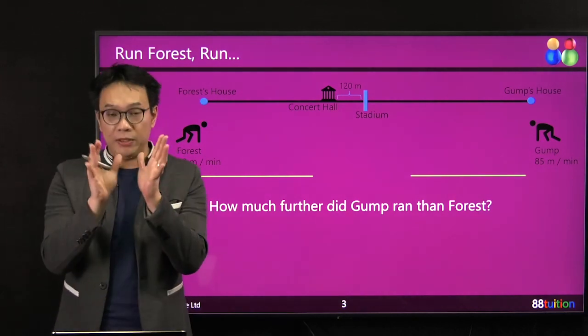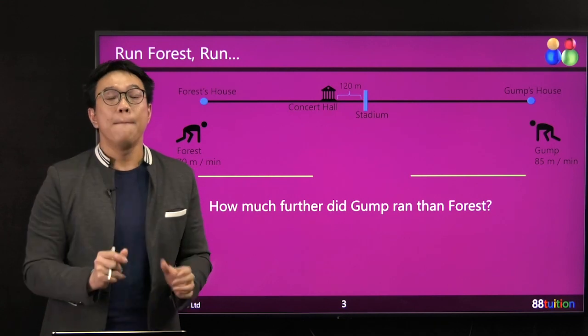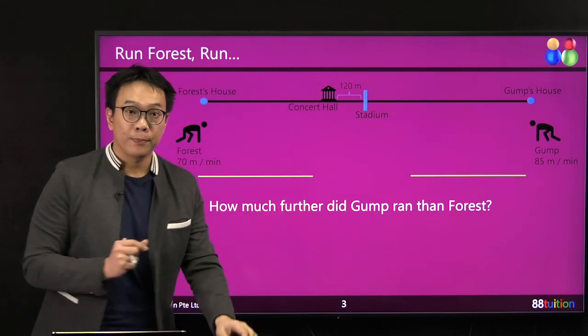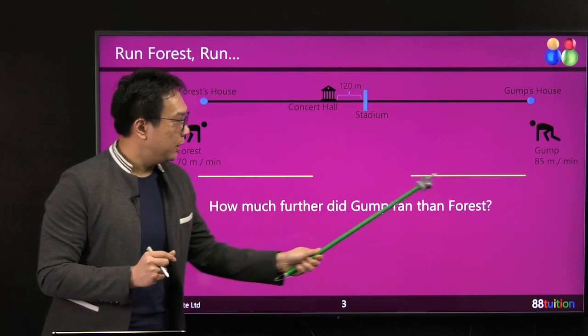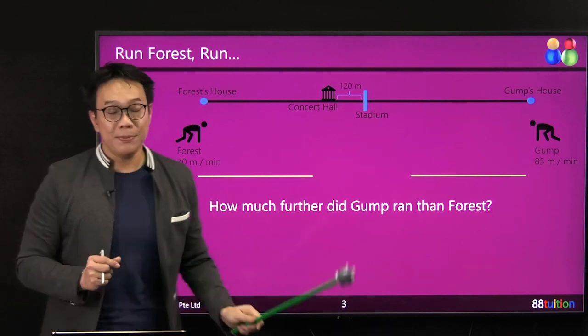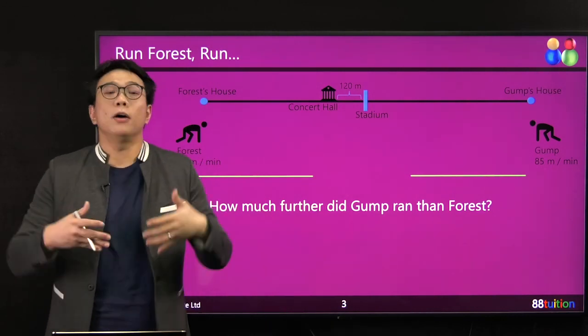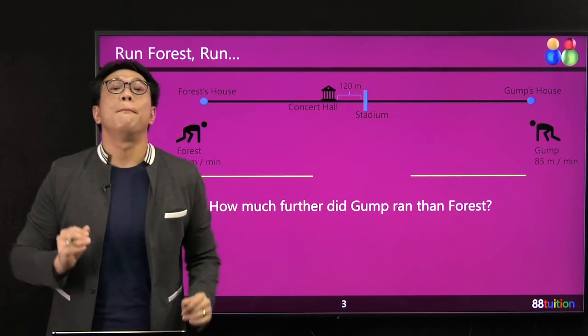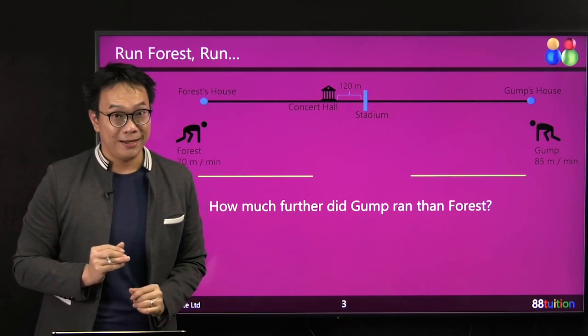If they run at the same speed of 70 meters per minute, Forrest runs from here to here, and Gump must run from here to here. This length and this length must be the same. Yes, because the speed is the same, the amount of distance they cover must be the same. Can you see that?